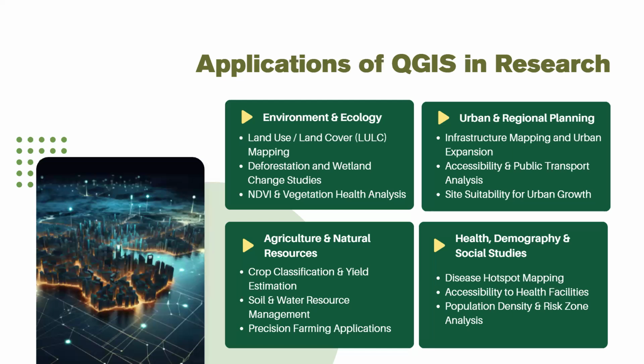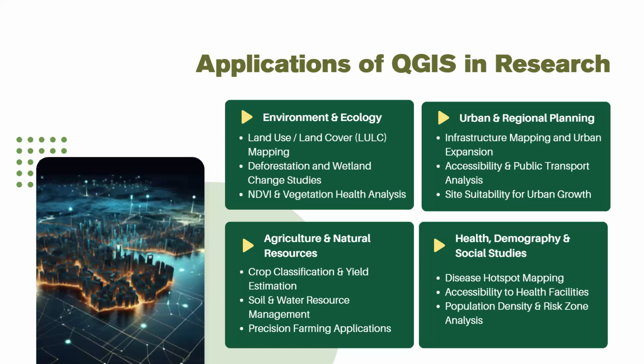So city planners use it to identify suitable locations for new schools, hospitals, or transportation routes. Actually, this is called site suitability. When you are identifying a suitable location for any particular building, that is called site suitability. These are some GIS jargons. Just note it down.